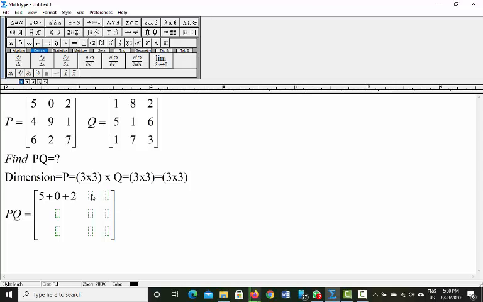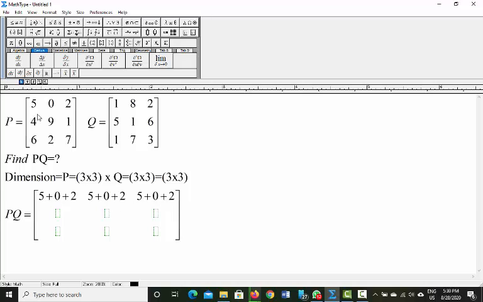Again here we can write 5 plus 0 plus 2, and here also 5 plus 0 plus 2. Since in the first row of the first matrix we have 5, 0, 2, we write 5, 0, 2 in the first column, in the second column, and in the third column.